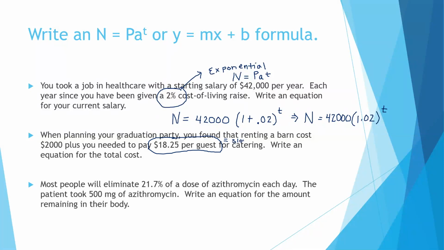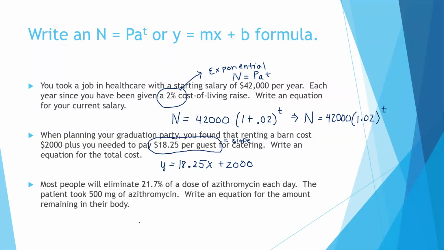And I know that slope is the constant rate of change, and I see that's a rate, so much per guest makes it a rate, and it's constant. It always is $18.25. So filling that into the y equals mx plus b, y equals 18.25x, so I filled in the slope for the m, plus the starting amount I have to pay to rent the facility, in this case a barn, so $2,000.